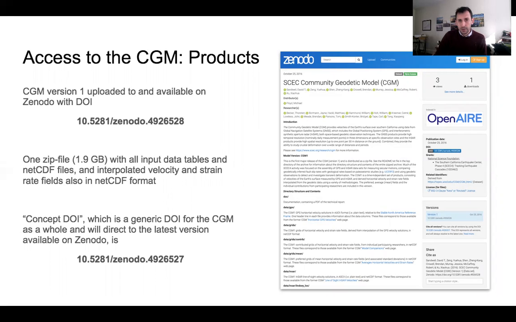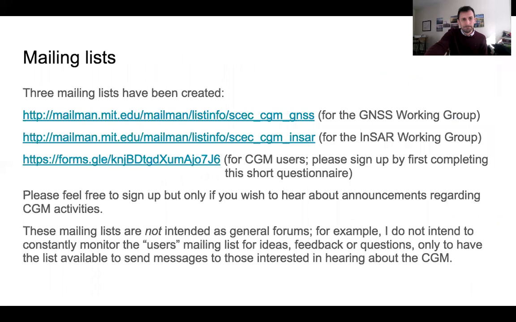A concept DOI has been created, which is an umbrella DOI at the bottom there. And if you use that as we upload CGM version 2 products, as we extend into the future, that concept DOI will always lead you to the latest version of the data products. So please make a note of both, and according to whatever you might use, please cite accordingly.